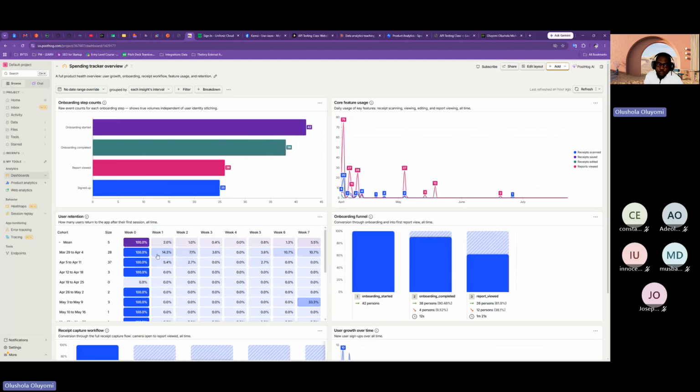So you're able to map how many of these users I have been able to retain, and then this looks like your funnel as well, right? 42 of them started onboarding, 38 of them completed onboarding, like that. Do you understand? So this is how it works ideally.